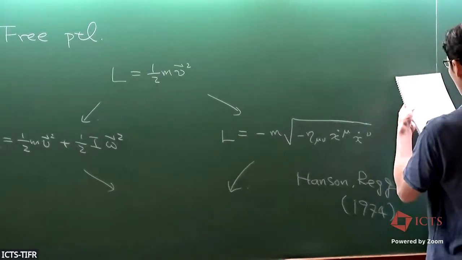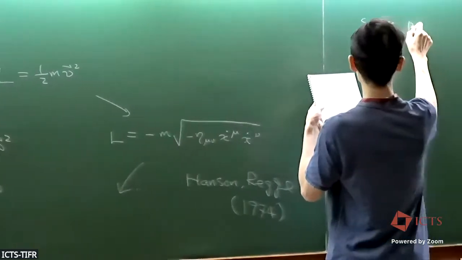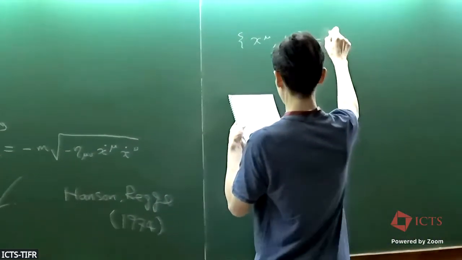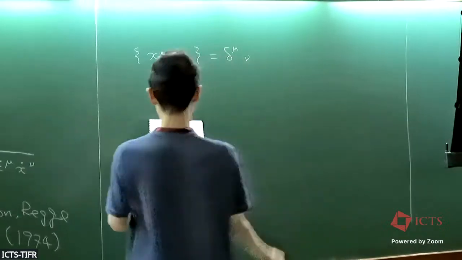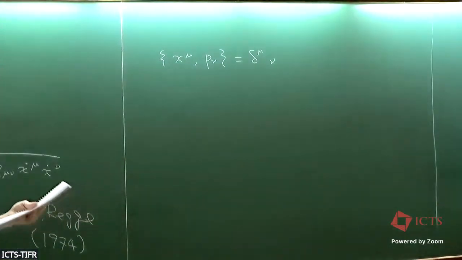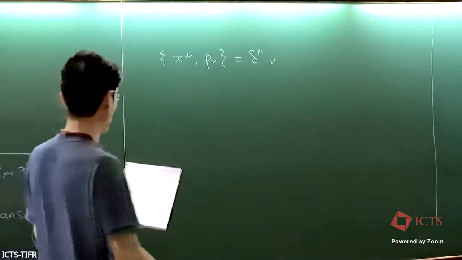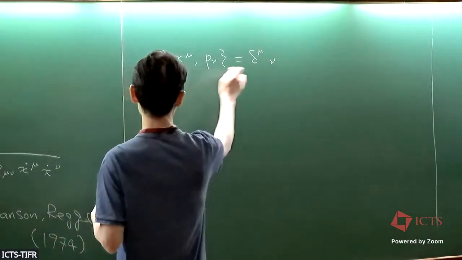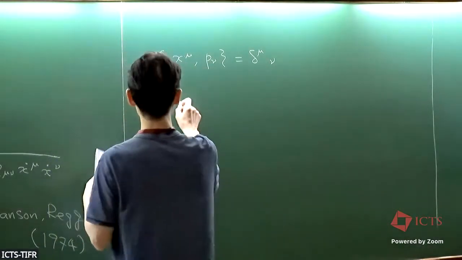So the basic ingredient of Hanson-Regge's spherical top model is to introduce the position variables and momentum variables in a relativistic covariant manner. So X and P part is kind of obvious.